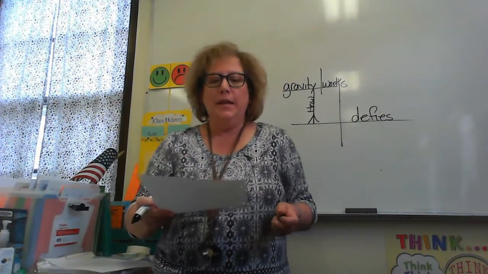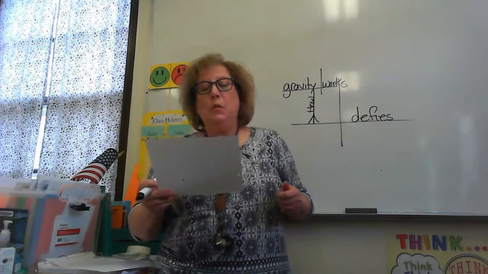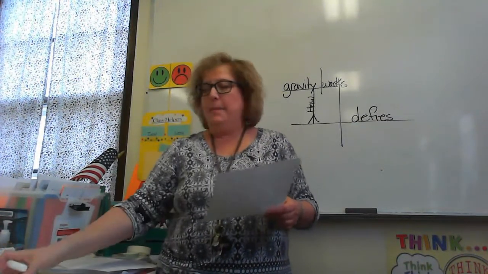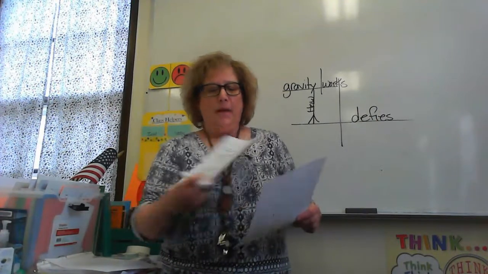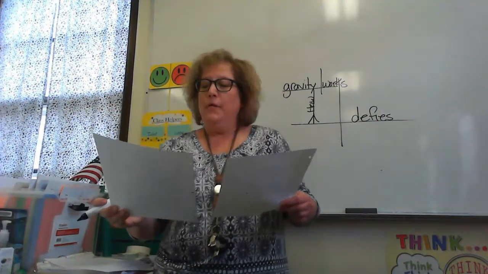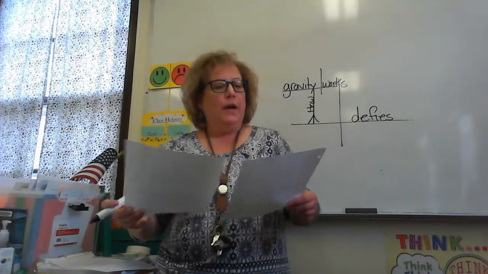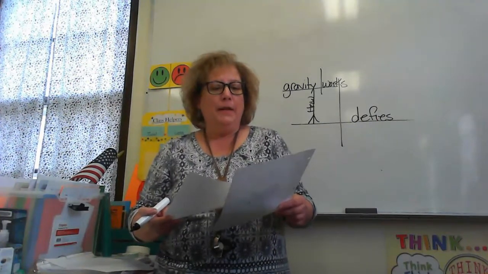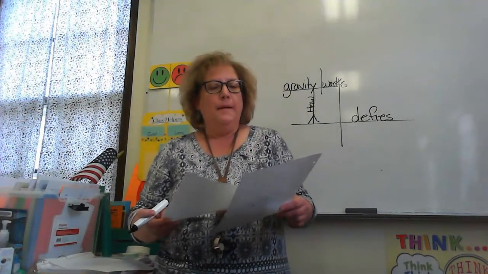Let's take a look at the next one. "Lydia's answer was what I expected." So I'm going to look at my little box. I'm going to look for a matching word, and voila, the word what. So I find where my clause starts with the word what. That's where my pencil is going to start making the line.